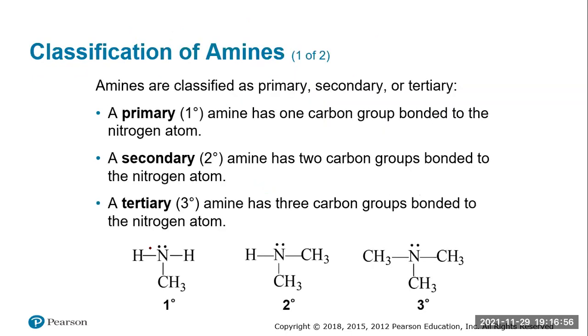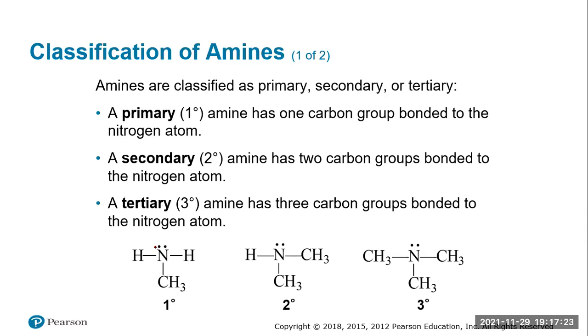Now, much like carbons, much like alcohols that we've seen, we could actually classify amines in the same way as we do those guys, as primary, secondary, or tertiary amines. And it works the same way. Basically, it is the nitrogen that's important.